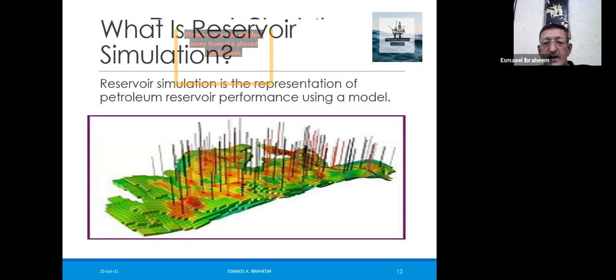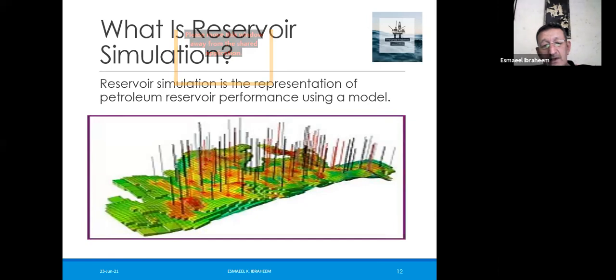What is reservoir simulation? Reservoir simulation is the representation of petroleum reservoir performance using a model. As you can see, this is a reservoir. The red areas are where the concentration of the carbonate is higher than the yellow, and higher than the green ones.